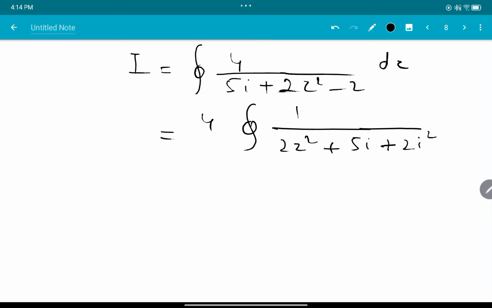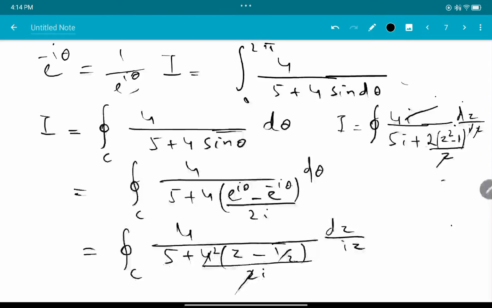There is a little mistake that we have committed here. When we got z here divided by z, we simply cancelled it with this z. That's wrong. We had to multiply this with this first, then get a common denominator. We can rectify this problem by multiplying this by z.